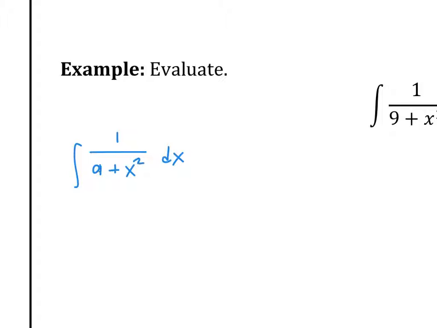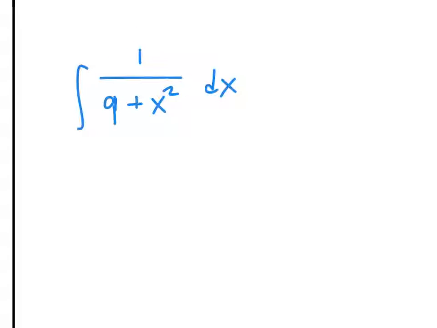So let's do something tricky to this. What we want to do is look at the denominator. We're going to factor out 9 because I want it to look like a 1. In the standard form of inverse tangent, it's 1 over 1 plus x squared, so I don't want that 9 there. I'm going to factor out the 9.